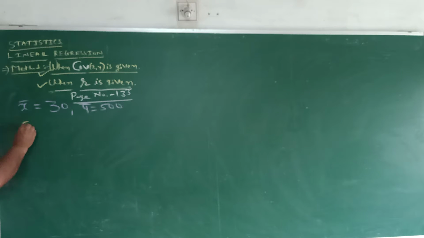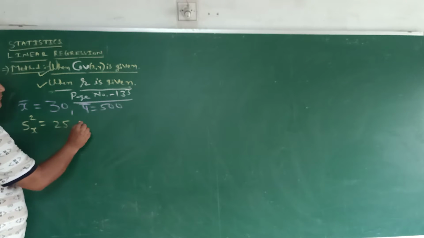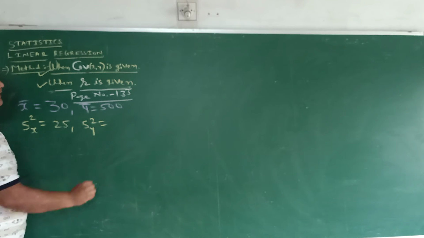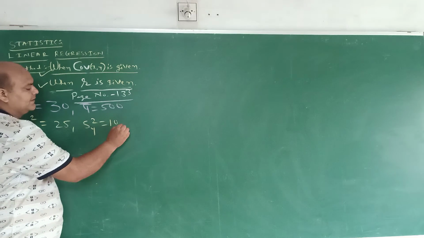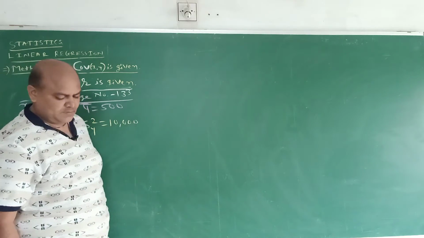Variance of x is called Sx square, that is 25, and variance of y is called Sy square, that is 10,000.